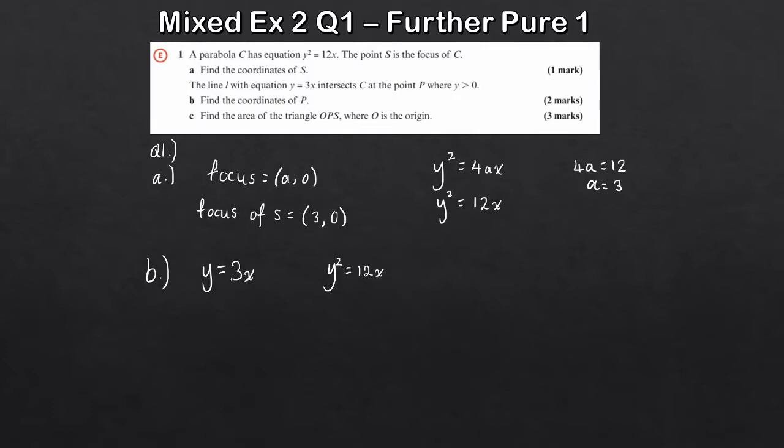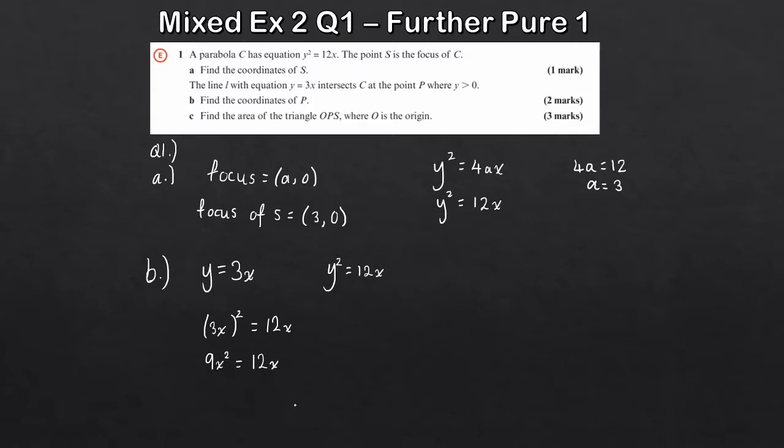We've got y here, so if I sub y in, let's see what we get. So y is equal to 3x, so this is (3x) squared is equal to 12x. If I expand this, 3x times 3x gives us 9x squared. So 9x squared is equal to 12x.